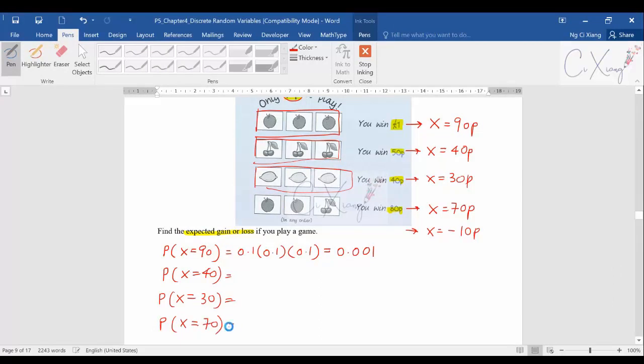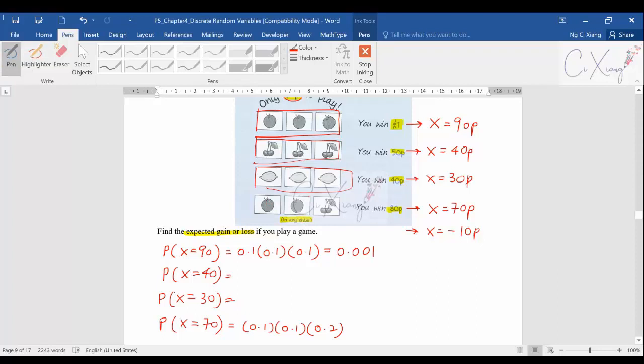Okay, so to get x equals 70, you need to have apple, apple, cherry. So apple is 0.1, cherry is 0.1. Sorry, both apples are 0.1, and then the cherry should be 0.2. And then to win the 80 cents, here they say apple, apple, cherry can be in any order.